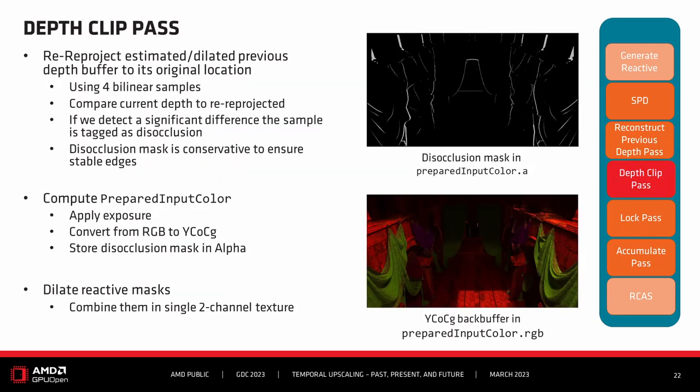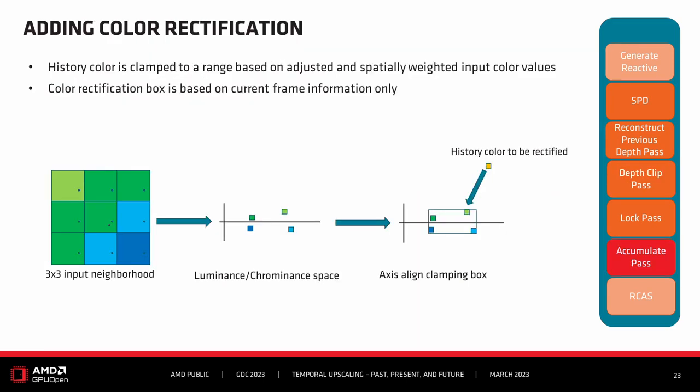So now we have our disocclusion mask and we can apply that to the accumulate pass to remove some ghosting, but that only will work for pixels that actually write the depth buffer. For the remaining ghosting or pixels that don't write depth, we need a different technique, and that's the color rectification.